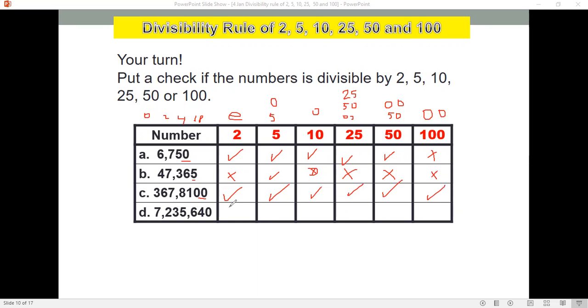So it ends with 0, yes. It doesn't end with 00, 25, or 50, so let's make X. And then it doesn't end with 50 or 00, so X again, and it doesn't end with 00, so it's X again. All right, do you understand? I hope you understand this lesson. Okay, let's move to the last question.